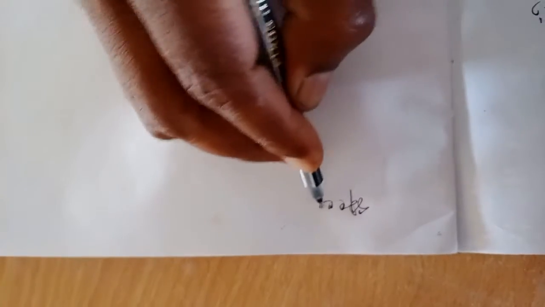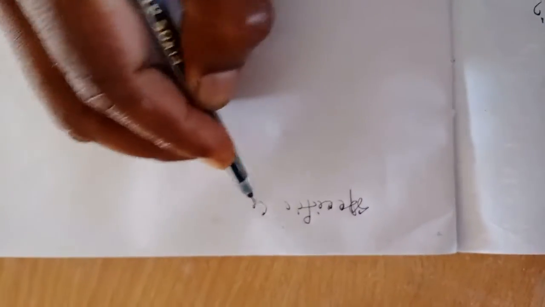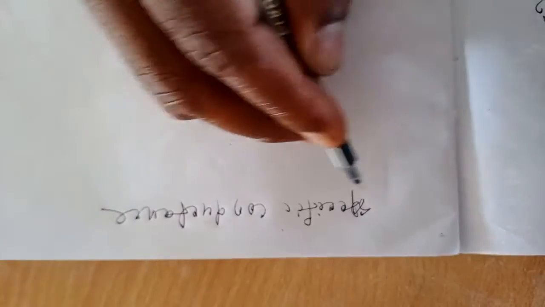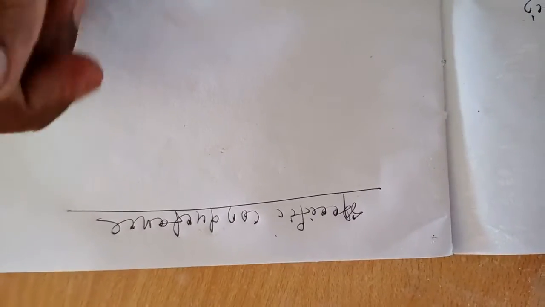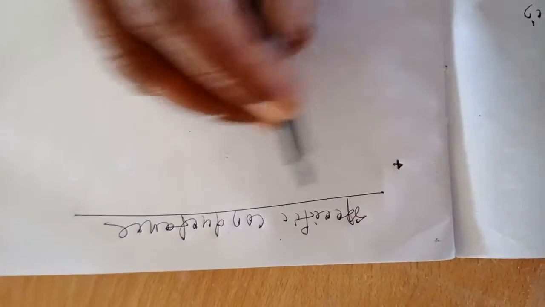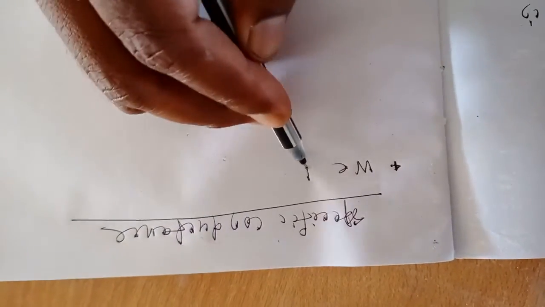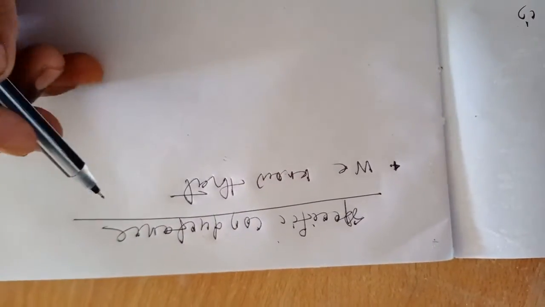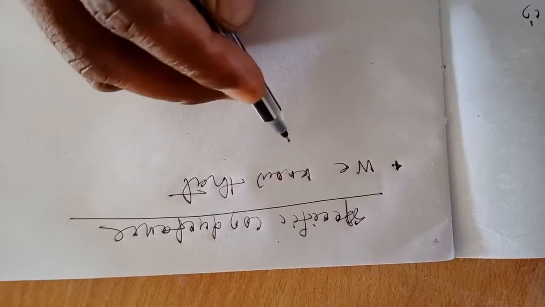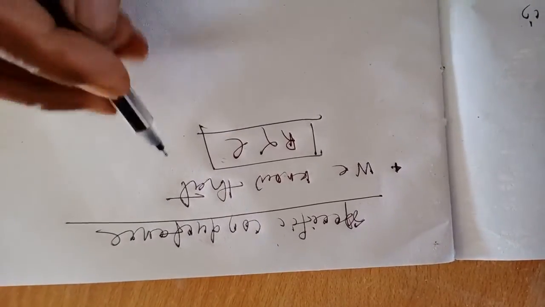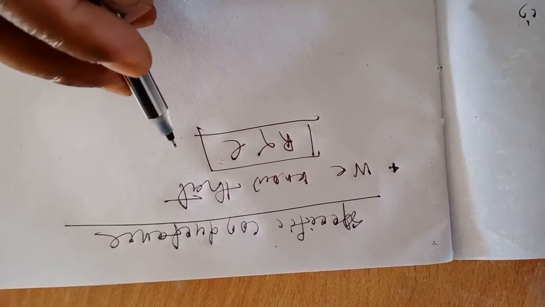Then we will learn specific conductance. We know that resistance is proportional to length, that means the length of the conductor.